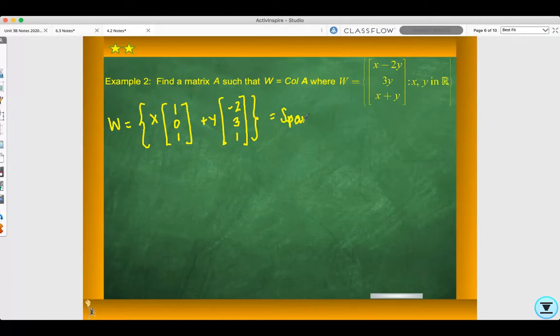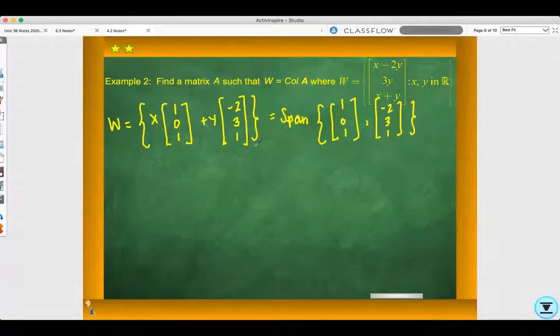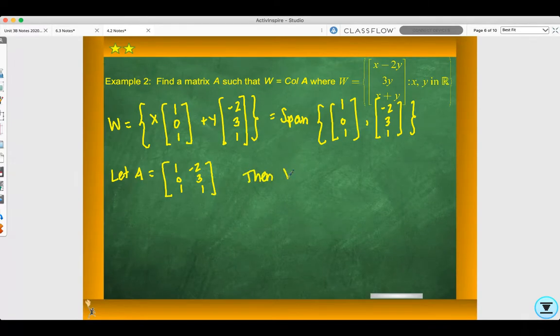Therefore, this equals the span of (1, 0, 1) and (-2, 3, 1). What we're going to do is use the vectors in the spanning set as columns of A. Then W equals col A, and you're done.